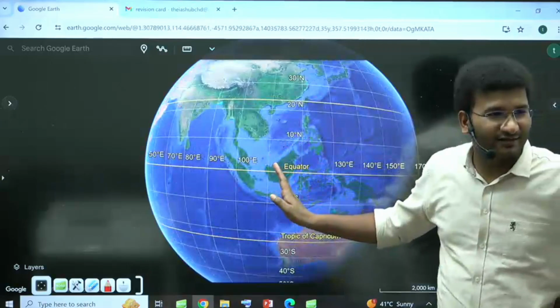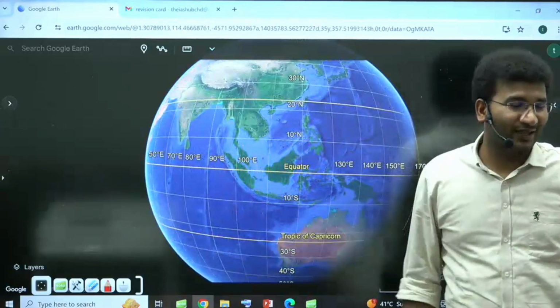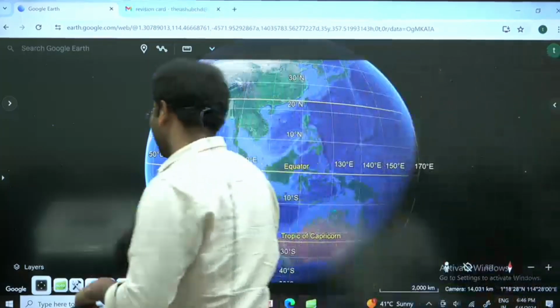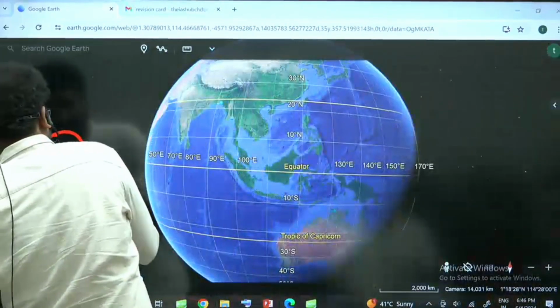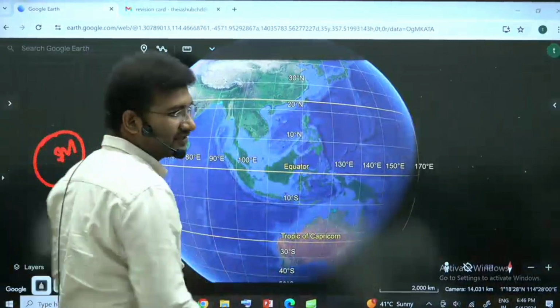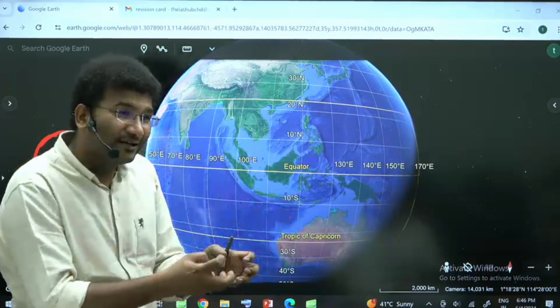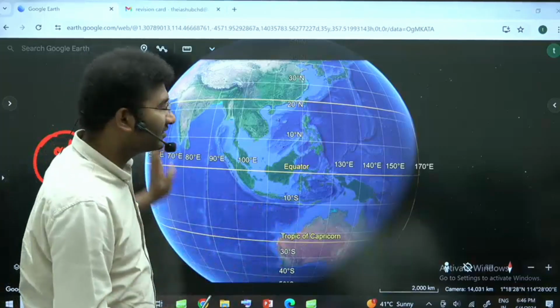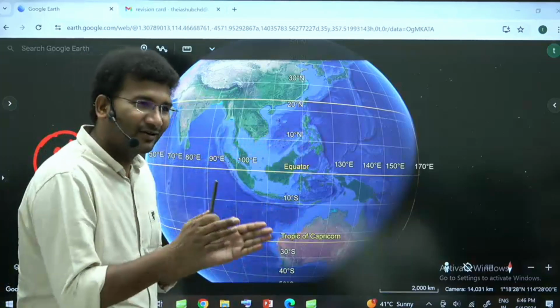Because of that, the continents are moving. Now he says, why does this water move? His explanation was that the moon or sun is pulling the water, because of that tides are getting formed. And those tides come and hit the continents and the continents are moving.